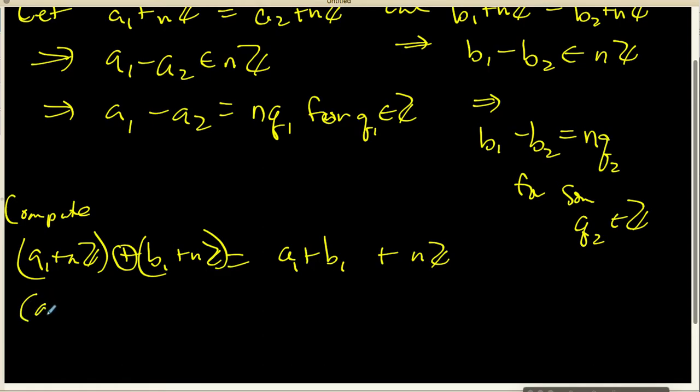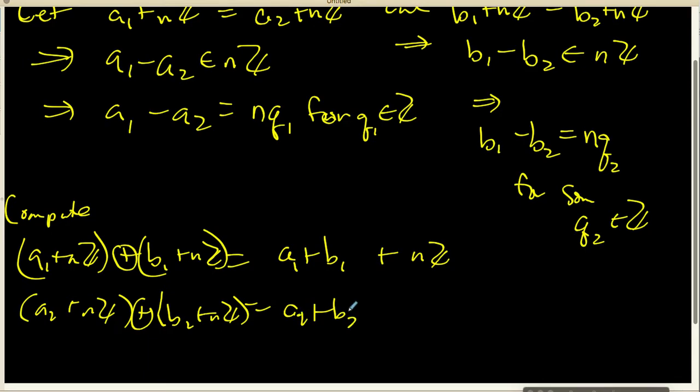And when we compute (a2 + nZ) + (b2 + nZ), we're going to have a2 + b2 + nZ. And our whole question is, are these two cosets equal?